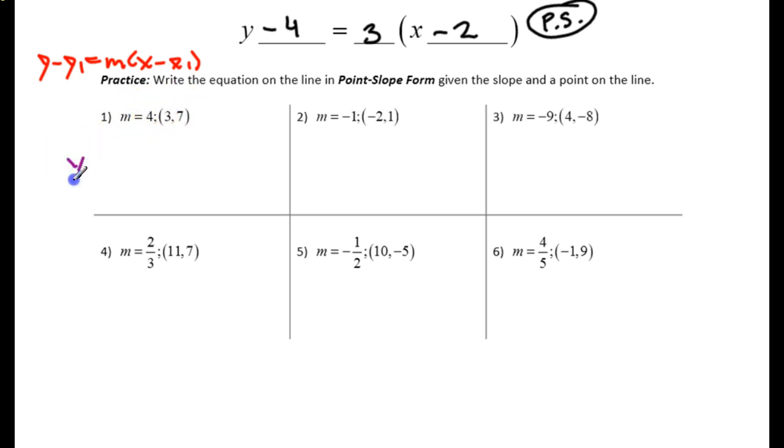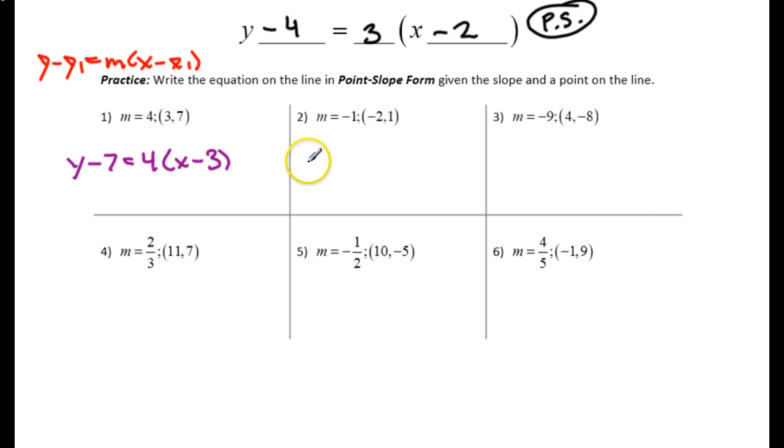So it's going to be y minus, my y is 7, equals, slope is 4, parentheses, always x minus, and then the x of my point is 3. And that's it.